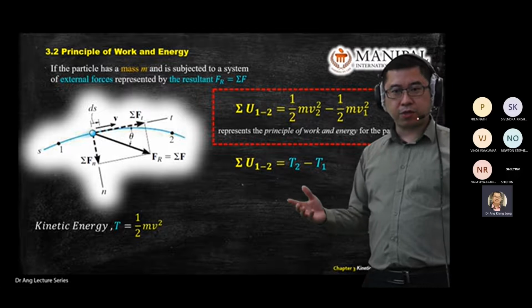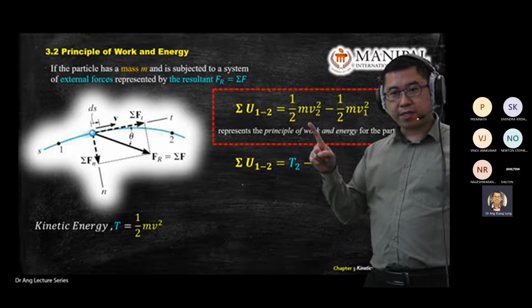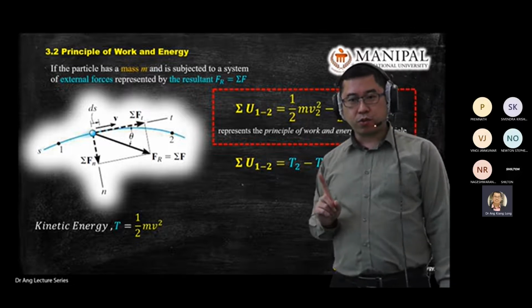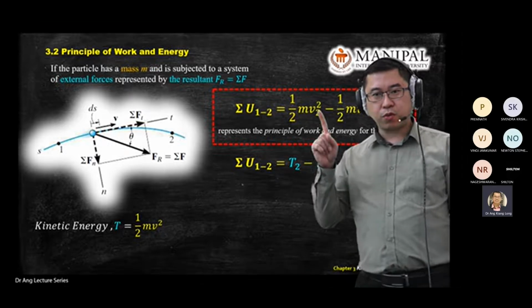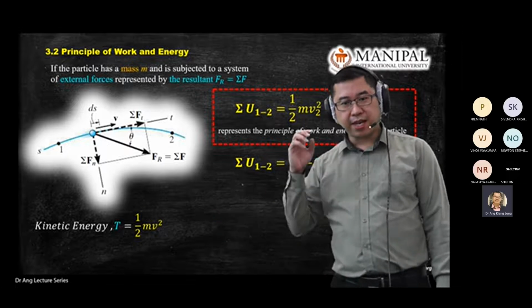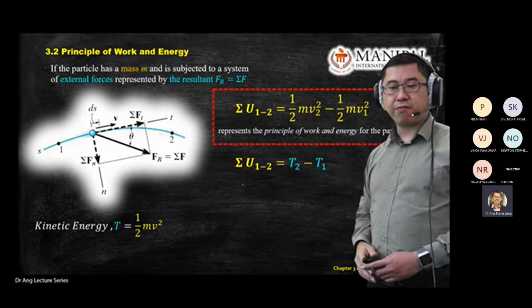Because later we will still use kinetic energy again and again, it's a very lengthy equation, so we just simplify. When you see T, it represents kinetic energy, so always recall it equals half mv squared.